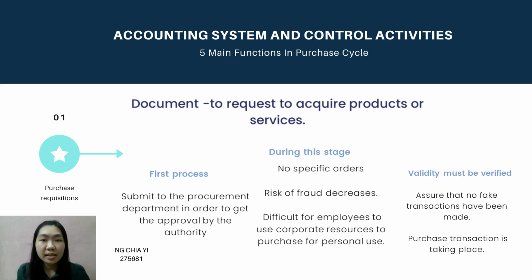During this stage, no specific orders are placed, and the risk of fraud is considerably minimized. It is difficult for employees to use the company resources to purchase for personal use. The validity of the request must be verified to ensure that no fake transactions have been made and to ensure that the purchase transaction is taking place.